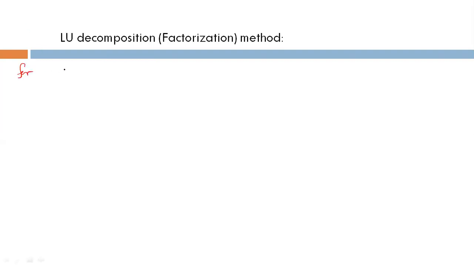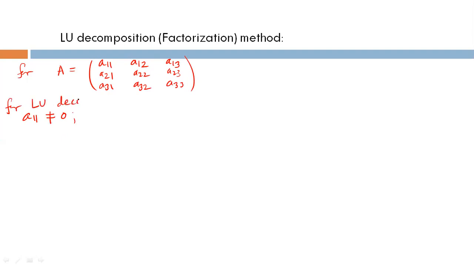For a case, if we take a 3 cross 3 matrix, A11, A12, A13, A21, A22, A23, A31, A32, A33, all the principal minors must be non-singular for LU decomposition. A11 must be non-zero, and the second order principal minor with A11, A12, A21, A22 is also non-zero, and so on.